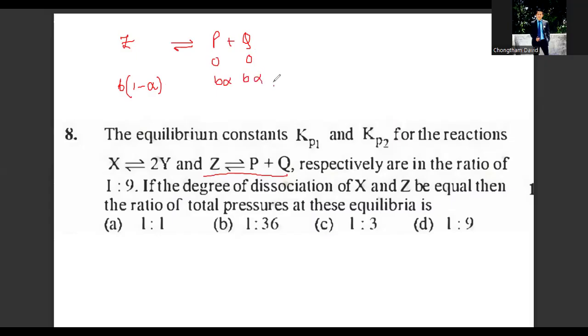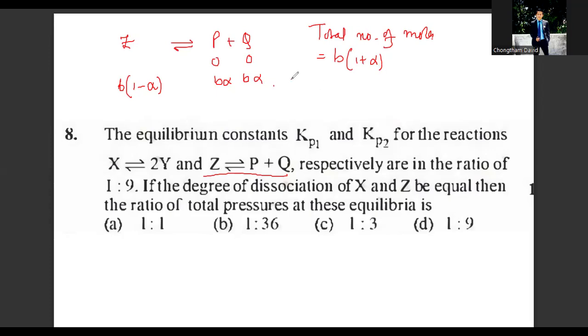This is the new equation for dissociation of Z. What would be the total number of moles after dissociation? B minus B alpha, plus B alpha, plus B alpha. So the overall number of moles after dissociation would be B times 1 plus alpha.